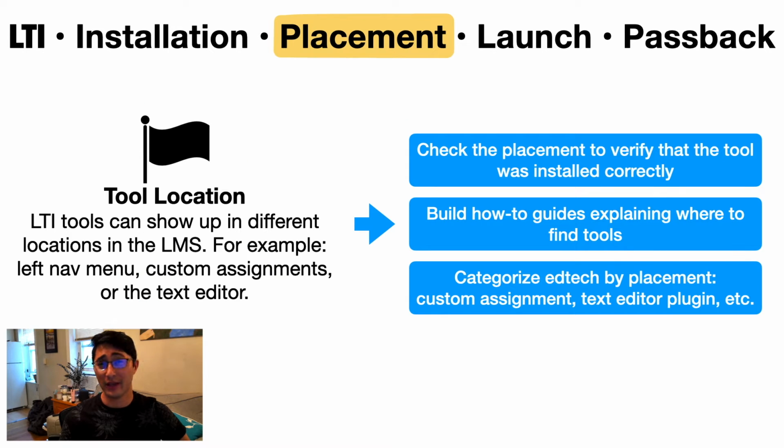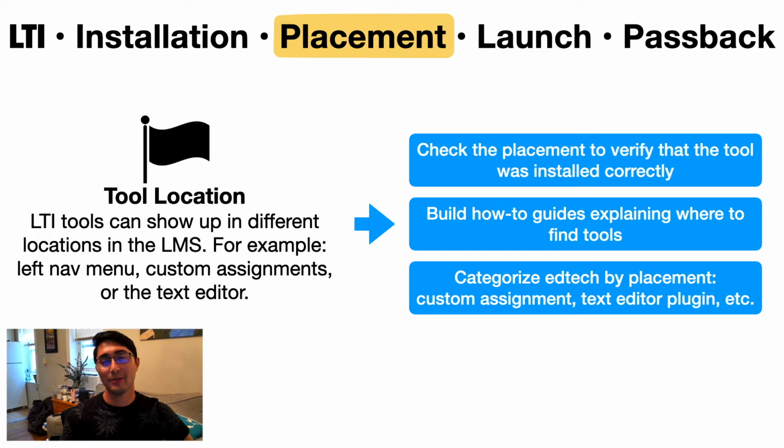And that was tool location, which is the first part of placement that we're going to talk about. And tool location is very important to classes, administrators, and technologists because you can use that information to do some pretty important things. For example, if you know the placement of an LTI, then you can verify that the tool was installed correctly. Since you know where it'll show up, if it shows up there, you know it was installed correctly.